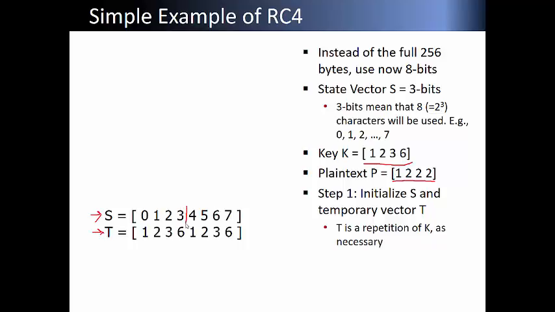And T, because we have 4 values in the key, is another array. This key is repeated: 1, 2, 3, 6, and 1, 2, 3, 6.